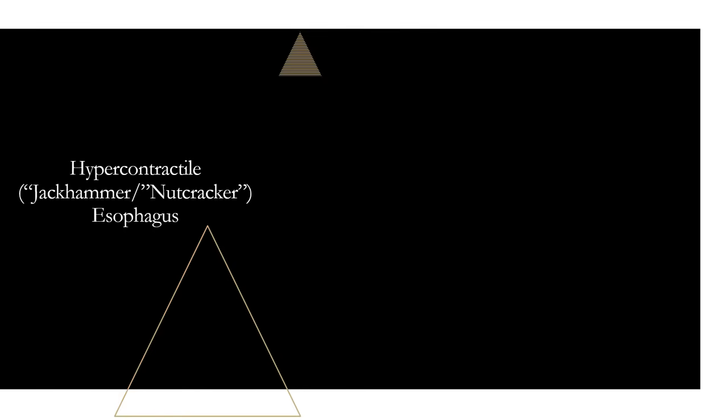Moving on to our last one, this is known as hypercontractile esophagus, also known as jackhammer or nutcracker esophagus. This is a normally functioning esophagus, but the contractions of the peristalsis are actually high pressure, really strong peristalsis, but it's running normally. The sequence is normal.